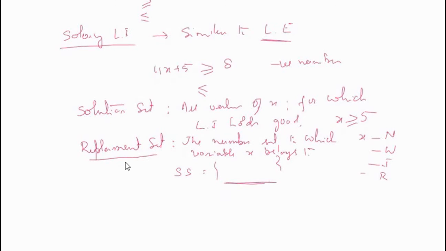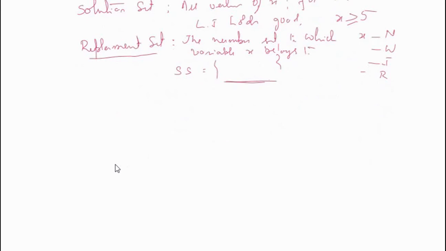Let us take some simple example and try to understand. So let us take a solution set x is greater than or equal to minus 2.5 and less than 5.